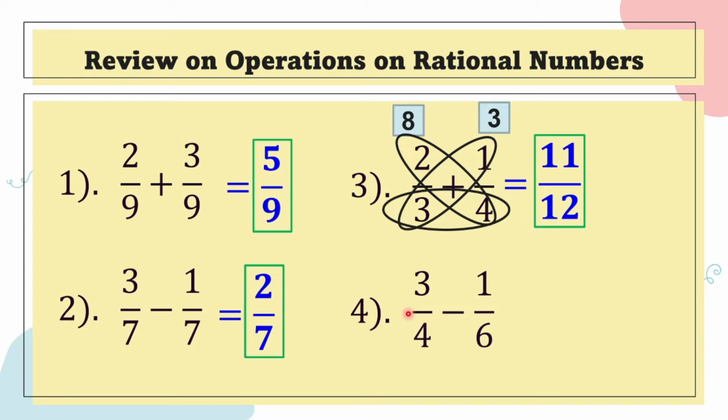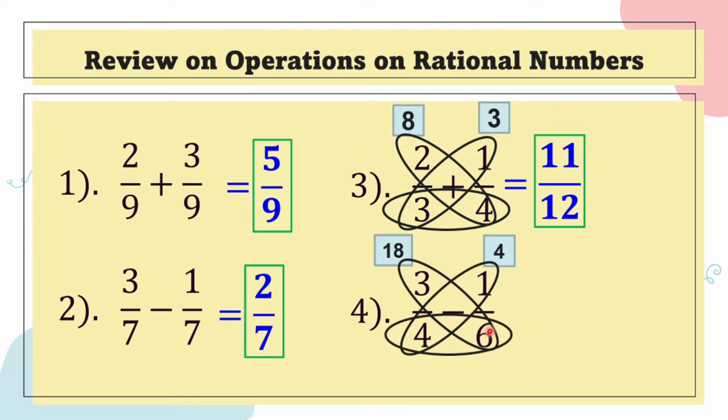So, we have 11 over 12. Next, number 4, 3/4 minus 1 over 6. Katulad ng ginawa nating step sa number 3, we're going to apply the butterfly method. So, cross multiply, we have 3 and 6. So, 3 times 6 is 18. Then, other side naman, 1 times 4, that is 4. Then, to get the denominator, multiply the two denominators 4 and 6. We will get 24.